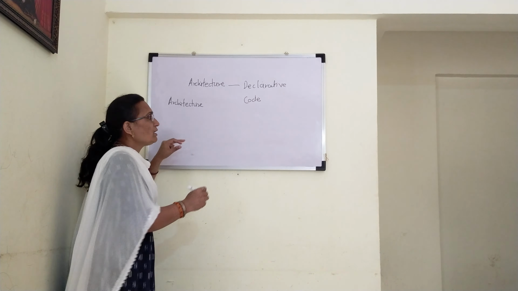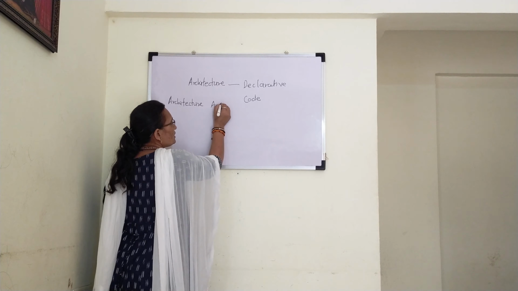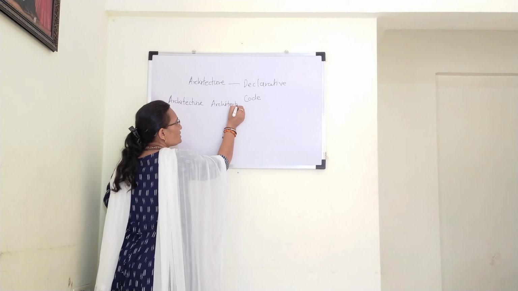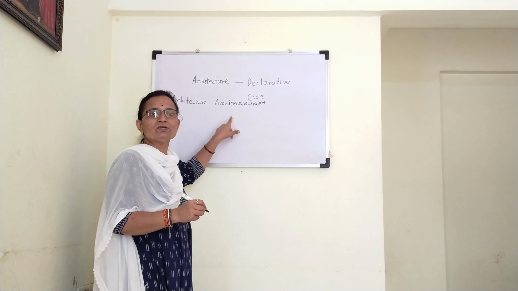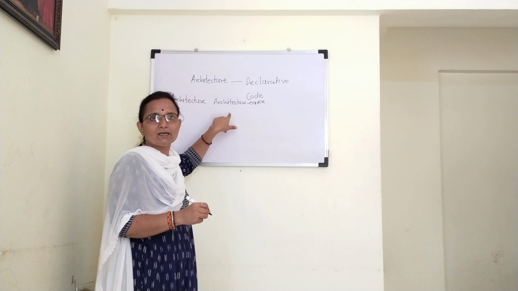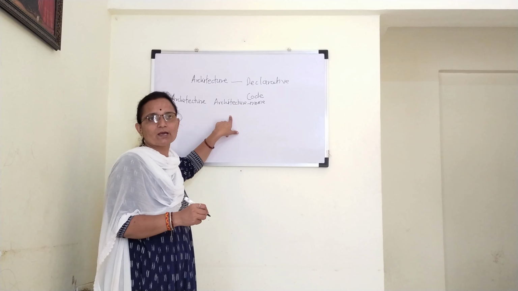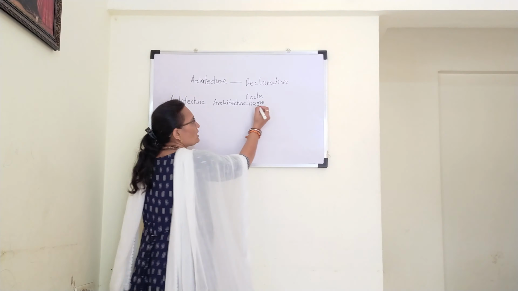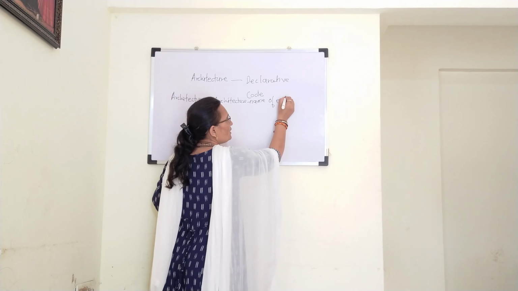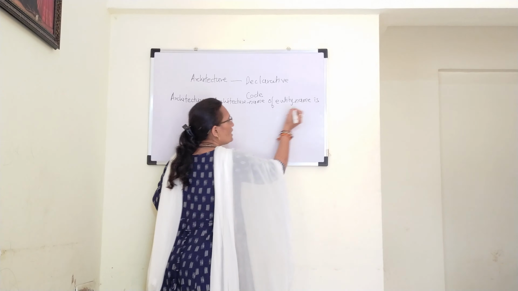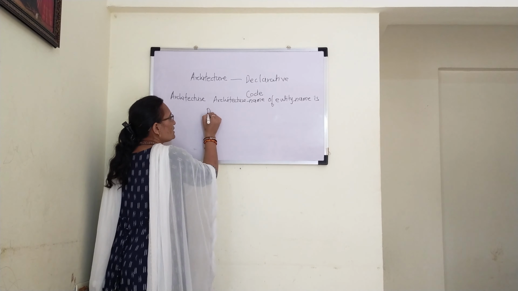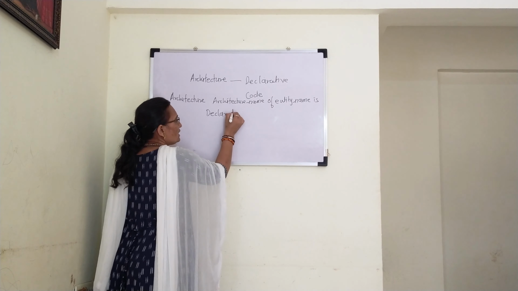Architecture, then write the name of architecture, and this architecture is associated with your entity, because entity contains the list of input and output. So architecture, name of architecture, of entity name, is, and here you have to declare anything.